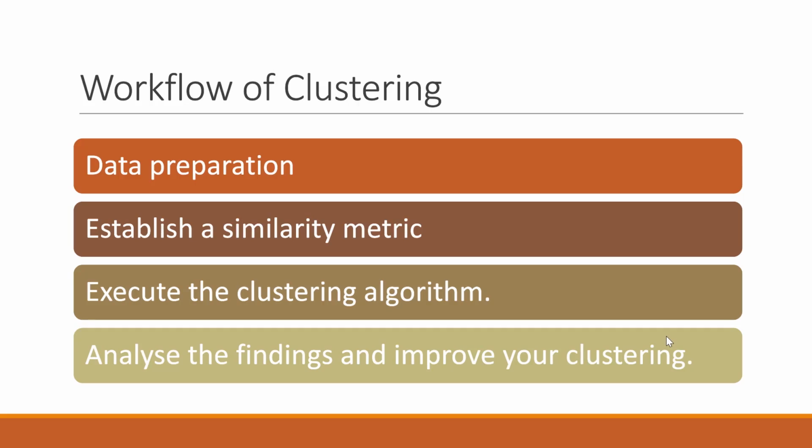Now after this, the next step is to execute the clustering algorithm. In this, the similarity measure is utilized by the clustering algorithm to group data. There are a variety of clustering algorithms that we are going to discuss further in this tutorial. After executing clustering, the last step includes analyzing the findings and improving your clustering.